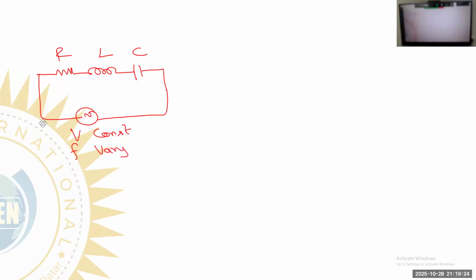So we keep the voltage constant and we change the frequency. For simple understanding, in our college days in the electronics laboratory, we used the AFO, audio frequency oscillator. From this audio frequency oscillator, we rotate the knob and thereby give various frequencies.